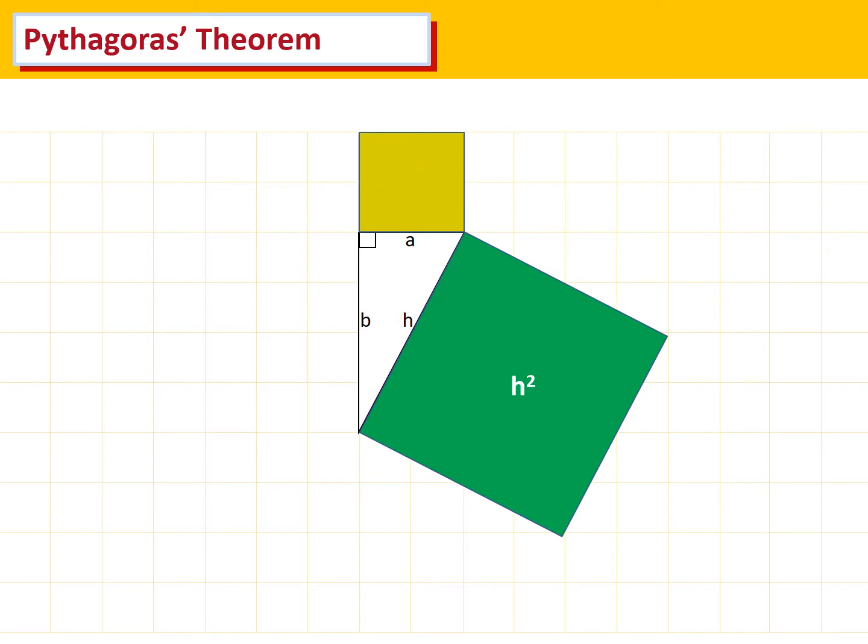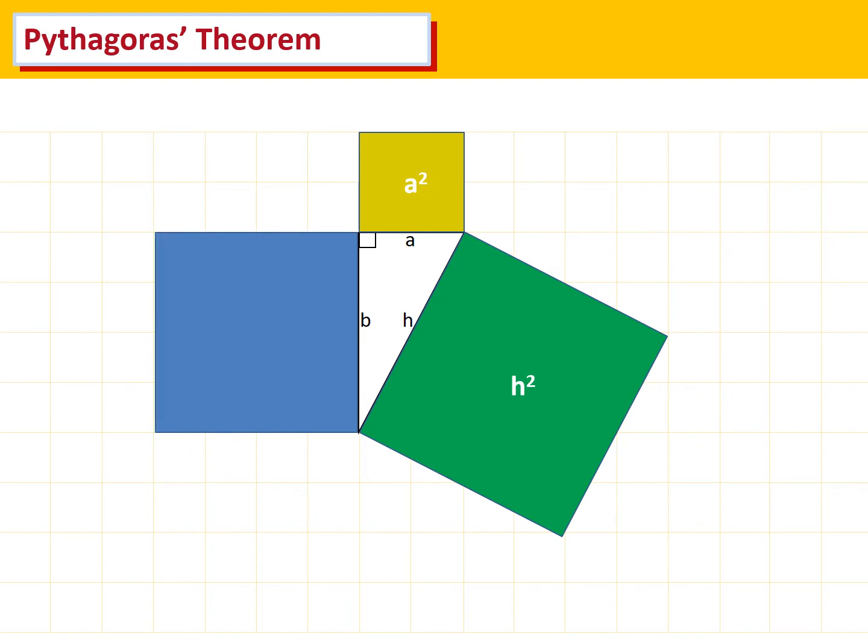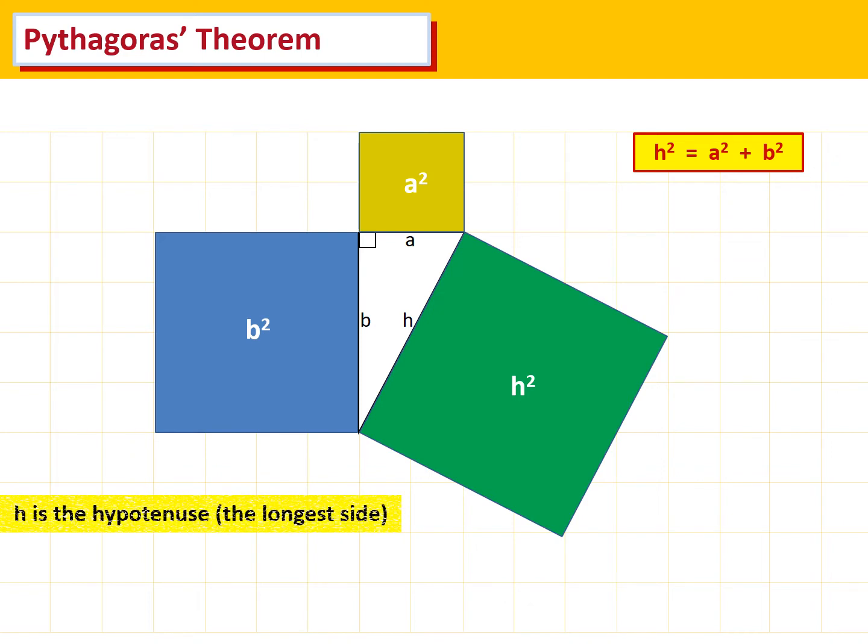The square on one of the sides is a squared, and the square on the other side will be b squared. Pythagoras' theorem states that the area h squared equals the area a squared plus the area b squared. h squared equals a squared plus b squared is Pythagoras' theorem. Remember, h is the hypotenuse.